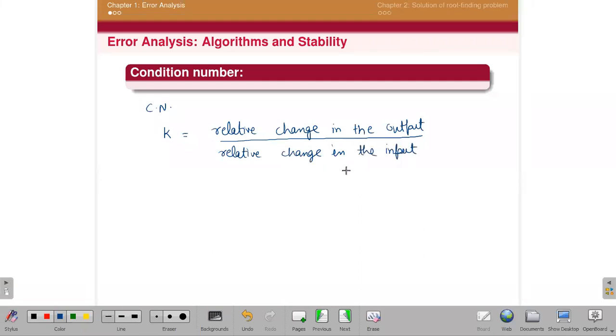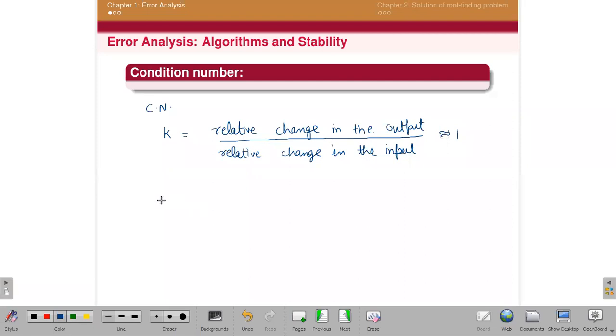So basically we are taking the ratio of this. It is similar to that criterion only: if a small change in the input produces a small change in the output, then its ratio should be near about 1 or less than 1. If it is near about 1, then we will say the algorithm will be stable, otherwise it will be unstable.